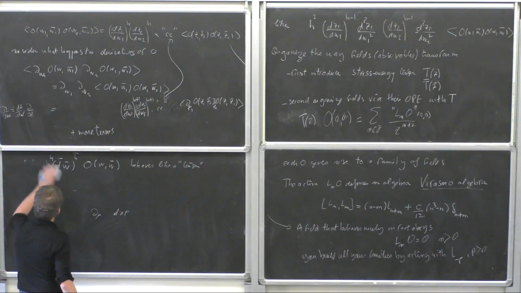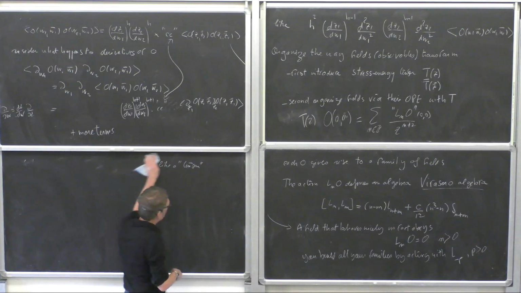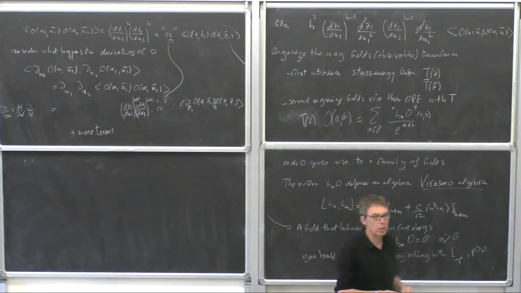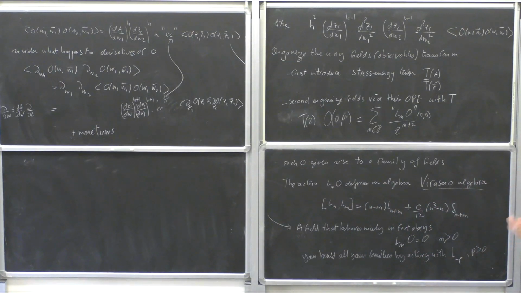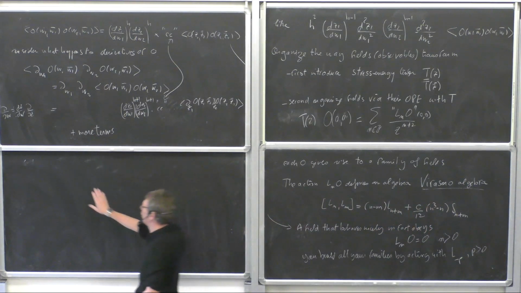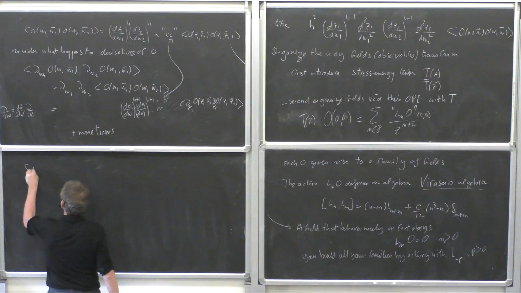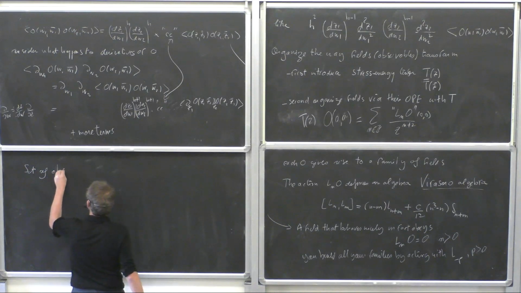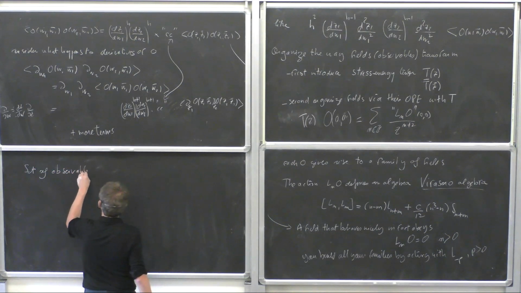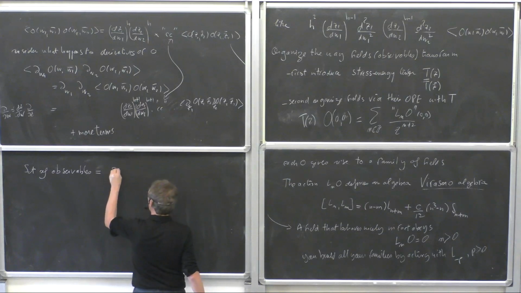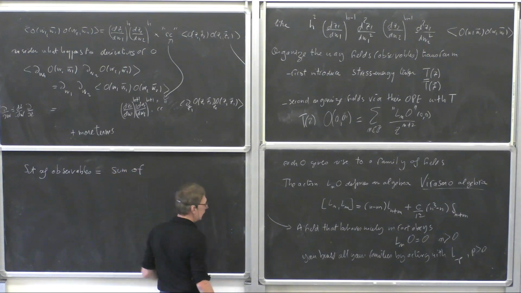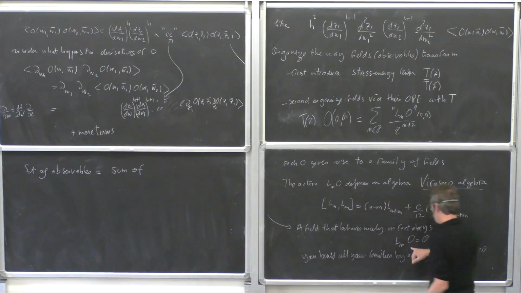This is the way that we organize the different observables. So conformal field theory is this very formal way to think of things where we take all the observables in the theory and we ask ourselves, how do they transform under conformal maps? And the set of observables can be written as a sum of, well, what do you think? We have these fields, we act on them with these generators, these beasts I call Ln.